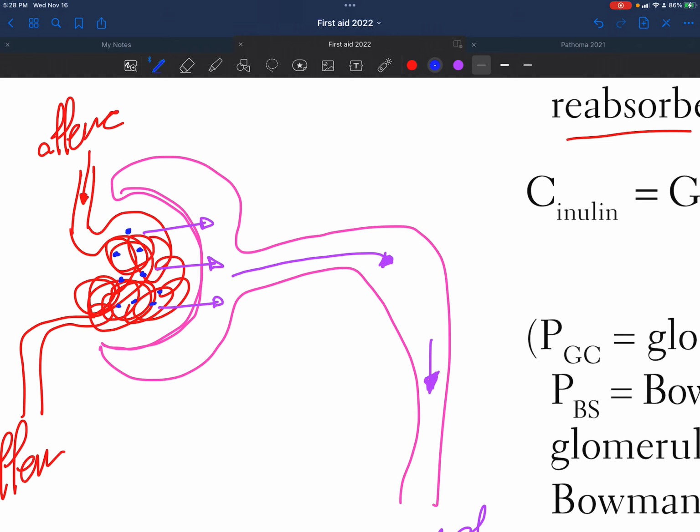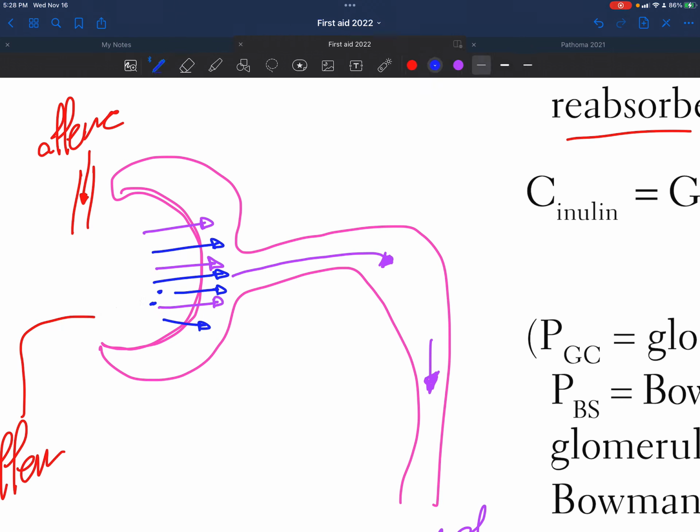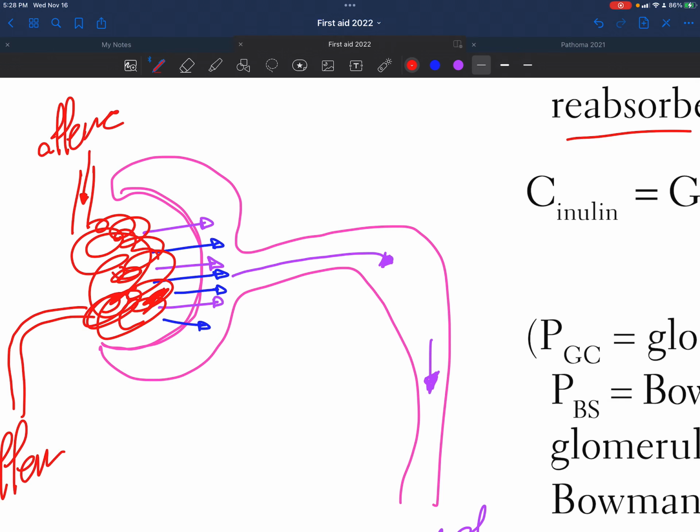For inulin specifically, it's completely filtered. So all of these blue little dots in the blood will move into the urine. All of them will get filtered. Now the blood is free of those teeny tiny particles of inulin, and whenever they move in the renal tubule, they get excreted normally.